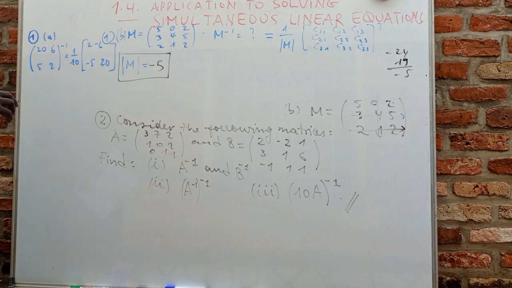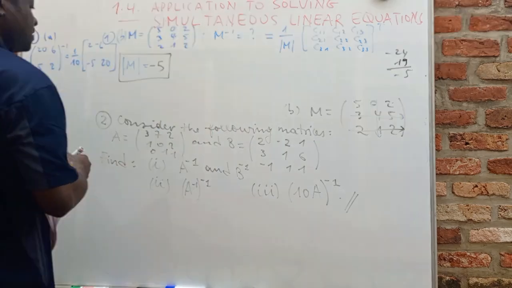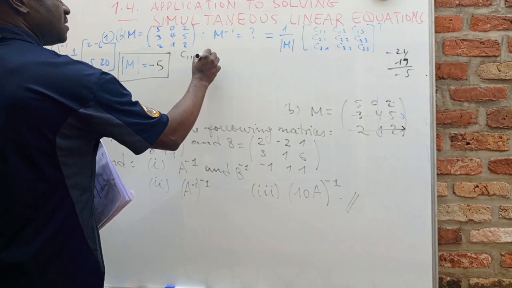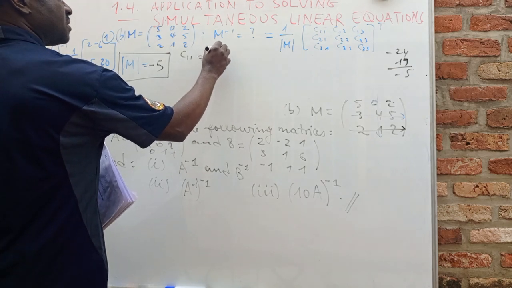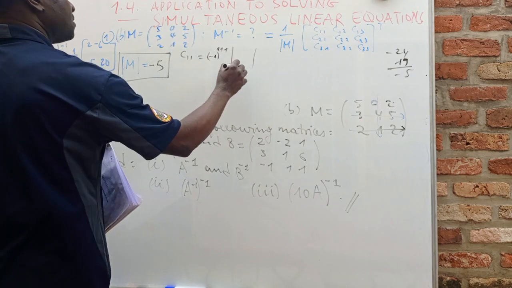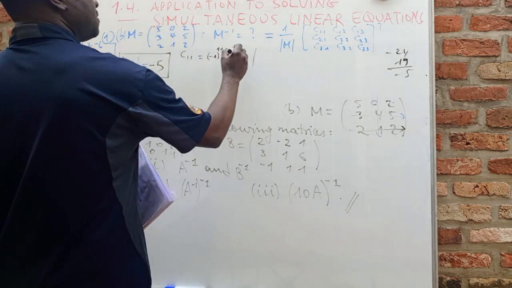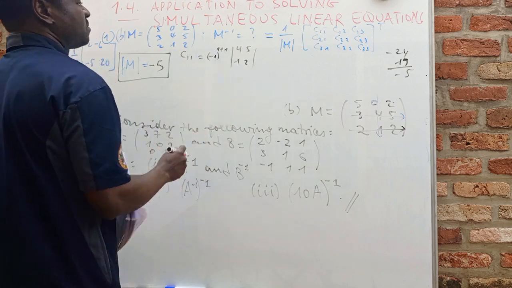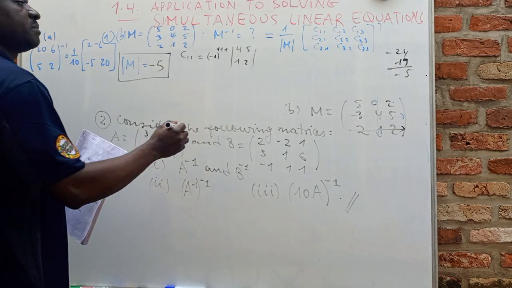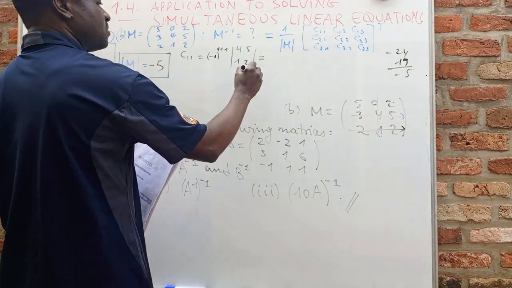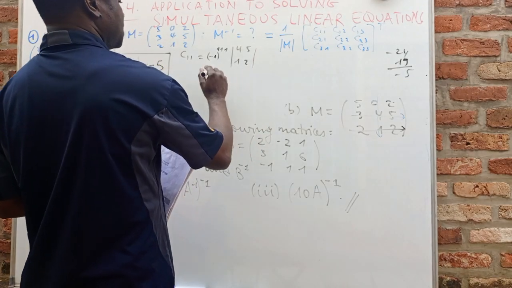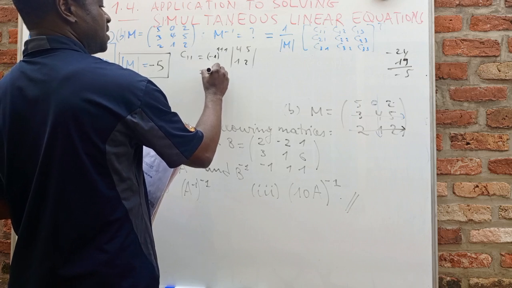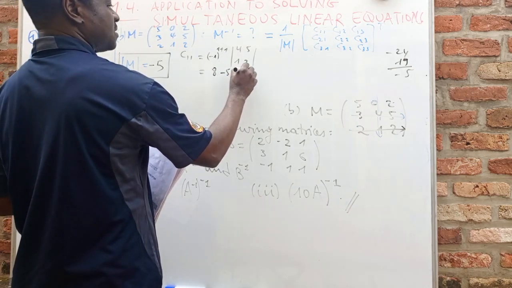Now we are going to look for the cofactors. So cofactor number 1 is -1 to the power 1 plus 1 times the determinant. Now I remove this row and column, get 4, 4, 5, 1, 1, 2, out of the matrix M. So this is equal to 1 times 4, 8 minus 5, which is 3.